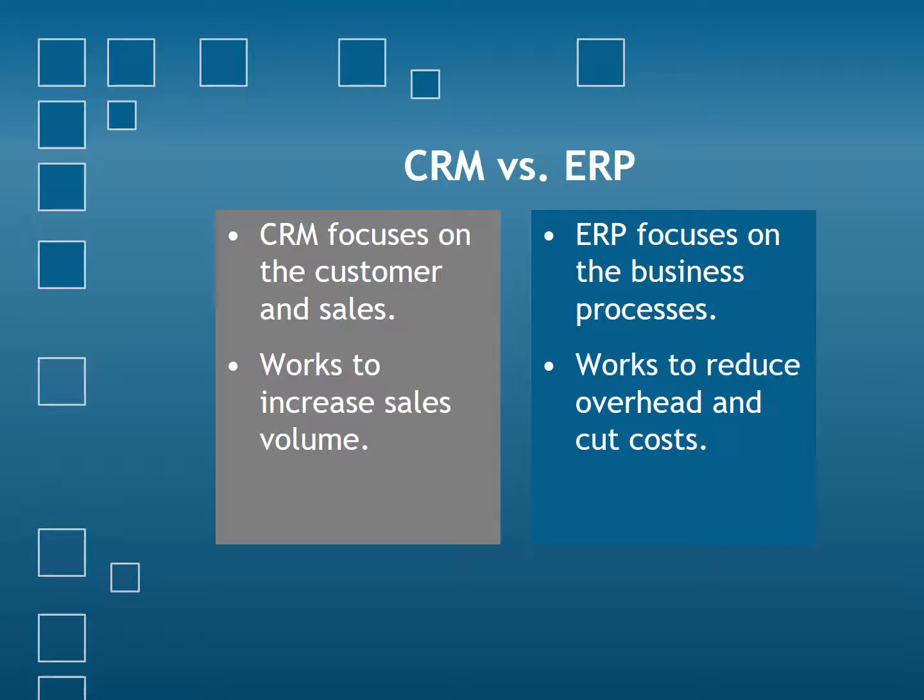Though similar in effect, ERP and CRM systems use different approaches to increase profits. ERP focuses on reducing overhead and cutting cost by making business processes more efficient. ERP reduces the amount of capital spent on those processes, whereas CRM works to increase profits by producing greater sales volume.